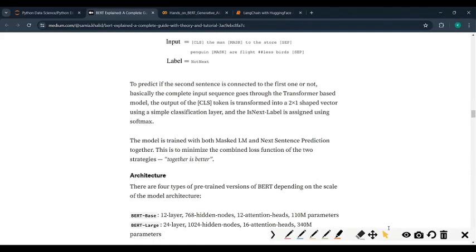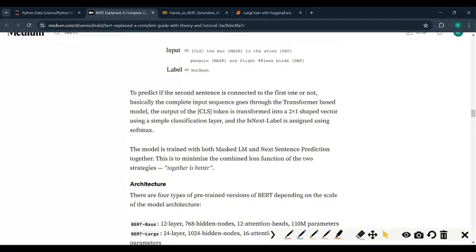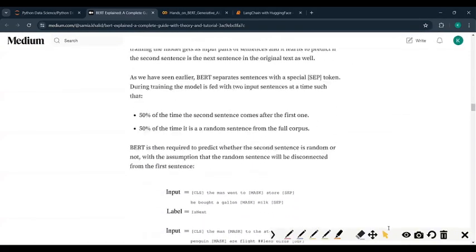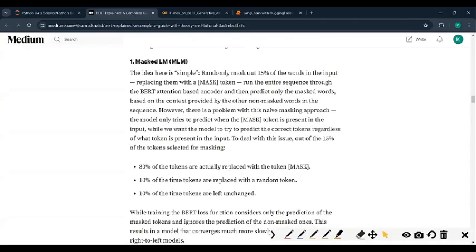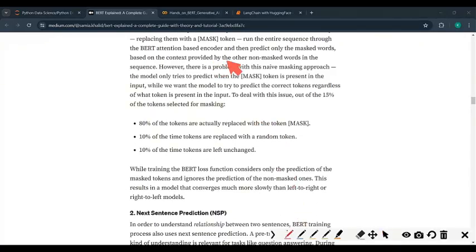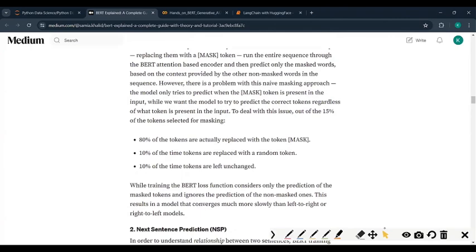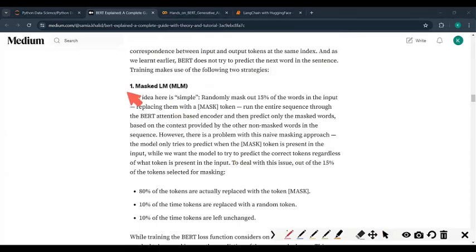So this is what the overall architecture of BERT is. The main two parts of BERT are the masked language model and the next sentence prediction. Whatever I have discussed before this, and these two parts, are the main idea of BERT. If you understand this much, this is what BERT is all about. Remember that whenever you go to an interview, if someone asks you about BERT, you need to explain the first few things which I've explained before.